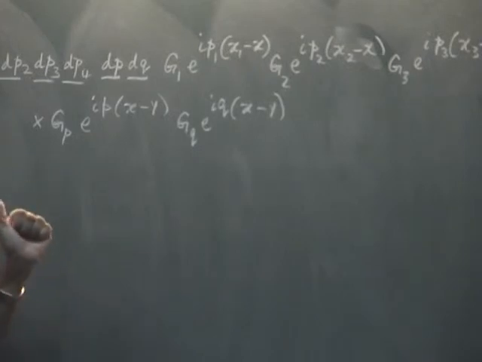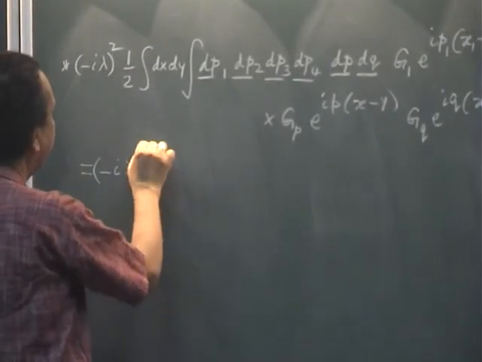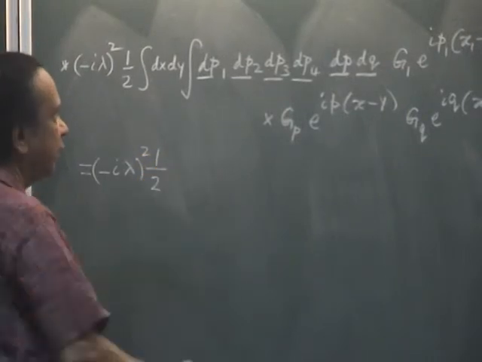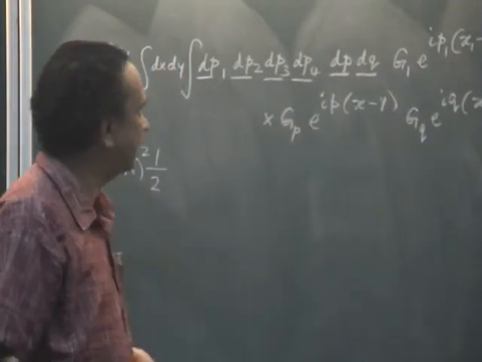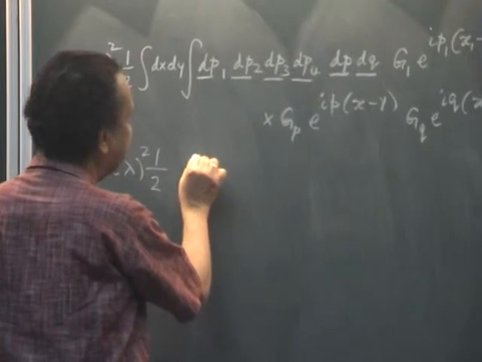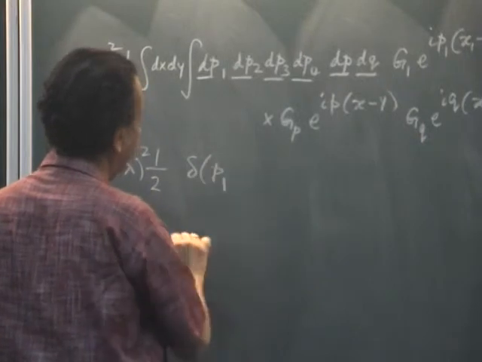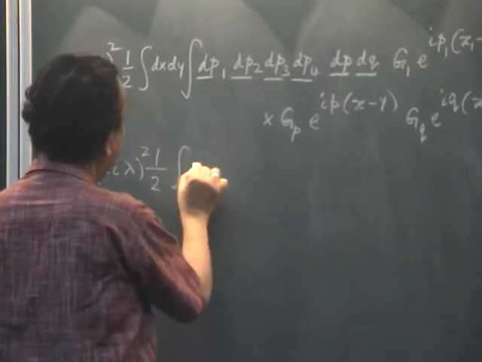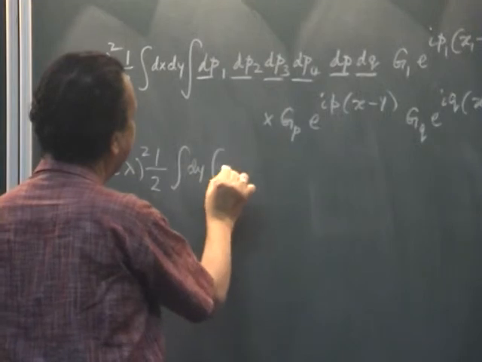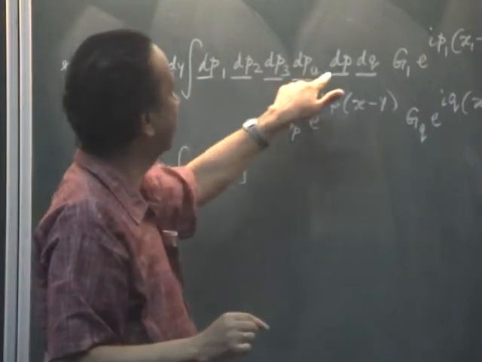So that will give me a Dirac-Delta function, with (minus i lambda) whole square. Actually the final expression is going to be quite simple, but I am just trying to get to that. All the x terms let us take out, so that will be a Dirac-Delta function on p1. I have to keep all these integrals outside, so there is a dy integration and all the p integrations. I'll just put a square bracket around it to say that there are all these p integrations.